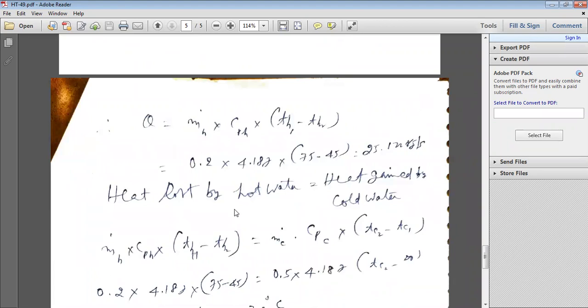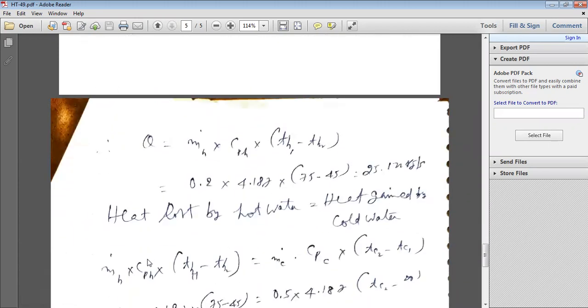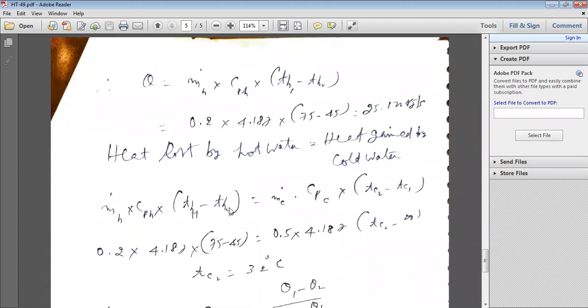So heat lost by hot water, m dot h into Cph into Th1 minus Th2, is equal to heat gained by the cold water, m dot c into Cpc into Tc2 minus Tc1. But you don't know Tc2, so from the energy balance equation, you are supposed to calculate Tc2.